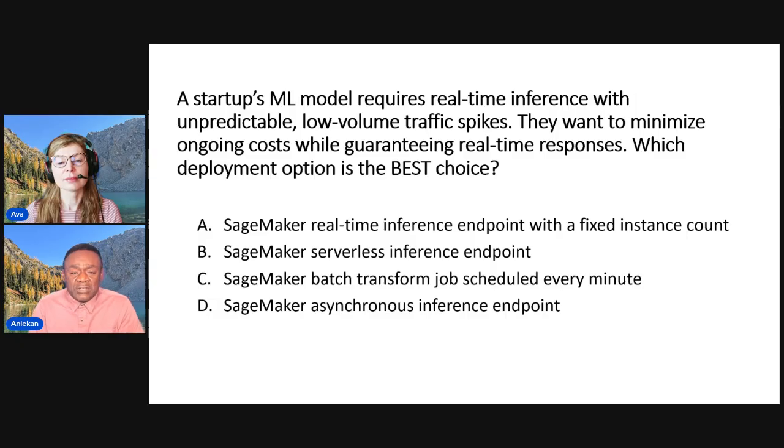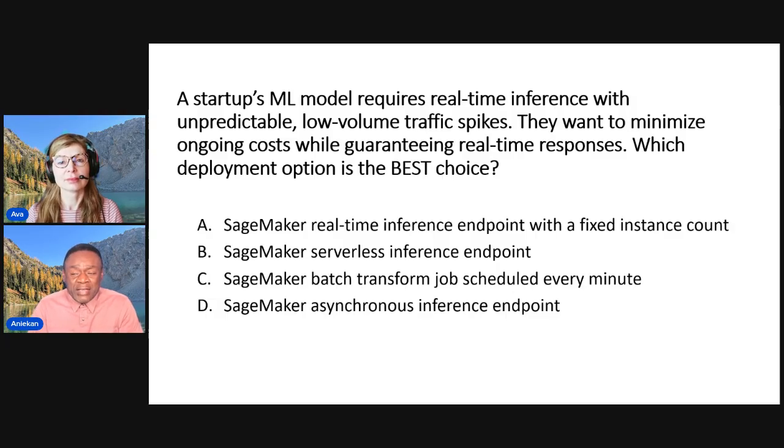Option number two, serverless inference, is perfect, right? It scales from zero. You pay per invocation. There are no idle instance charges, and you still get low latency. Looking at the other options, fixed instances, no, we don't want that because we get idle costs.